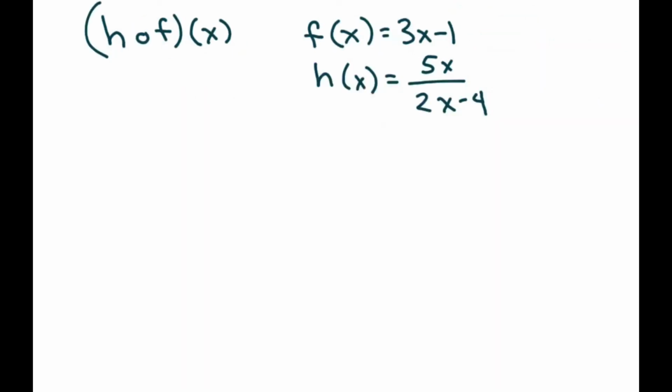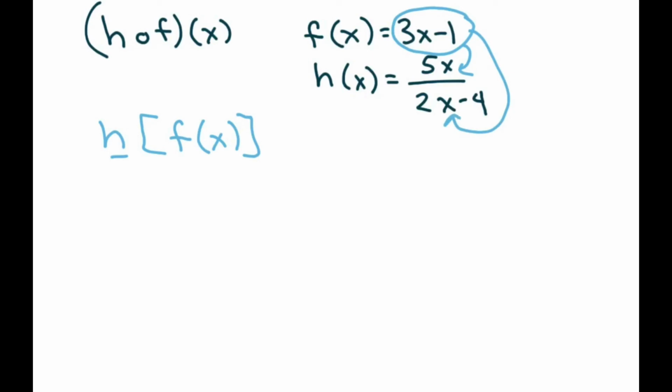Now next is the last one. We're going to compose h with f. So our inner function is f of x, and our outer function is h. So I'm putting my f of x into each of these x's here, into my h, which is my outer function.